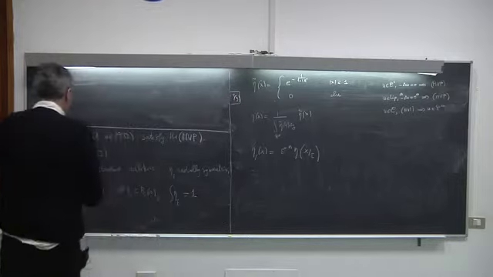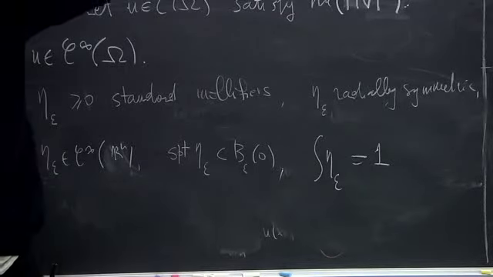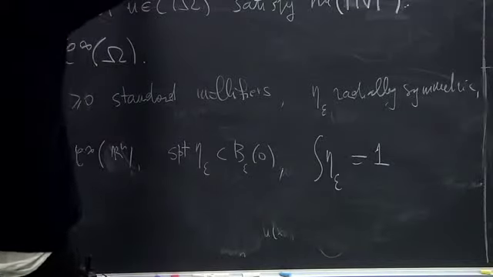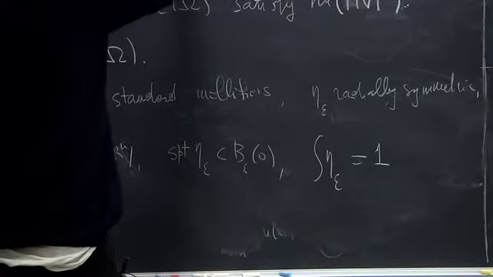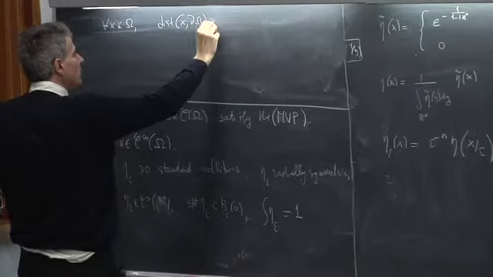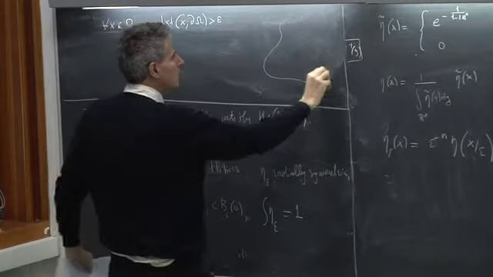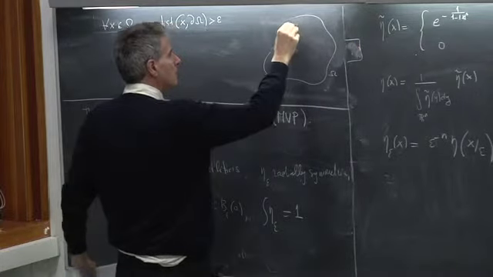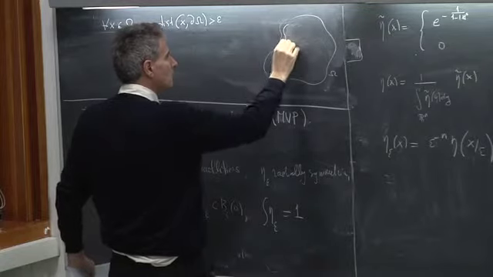Okay, let us consider the function u epsilon for any x in omega such that the distance of x from the boundary of omega is larger than epsilon. So I have omega here, and then I have all points. Epsilon is very small, actually.